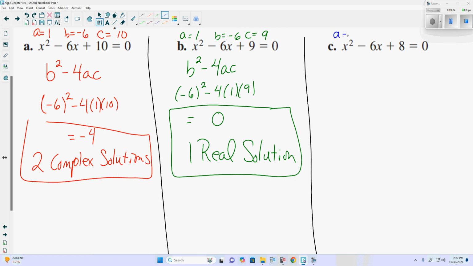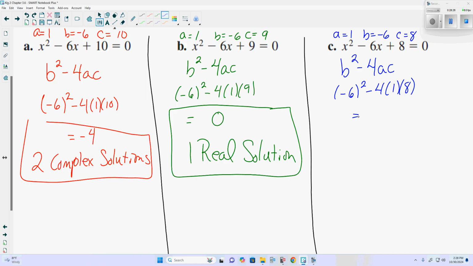Well, a is still 1, b is -6, and c is 8. So we'd have -6 squared minus 4 times 1 times 8.